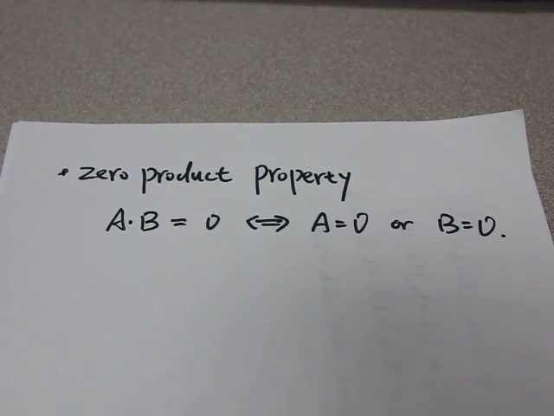Alright, so far I have introduced how to solve quadratic equations, right? In this video, I want to talk about using the technique of factoring and the zero product property to solve polynomial equations.